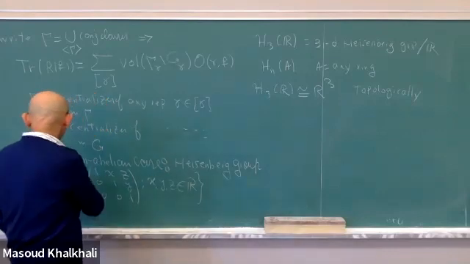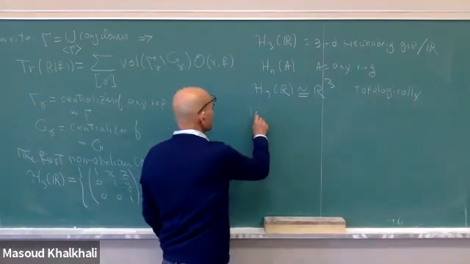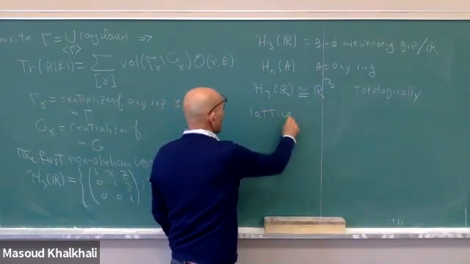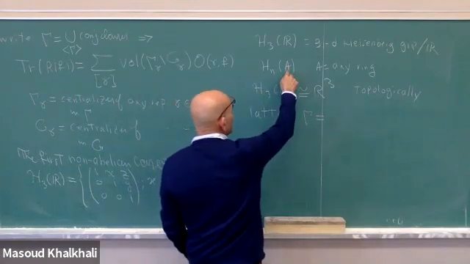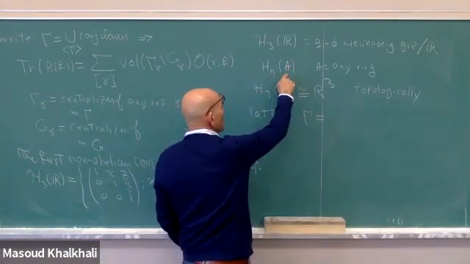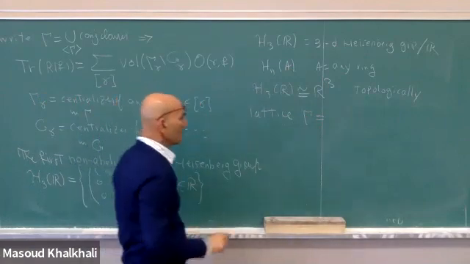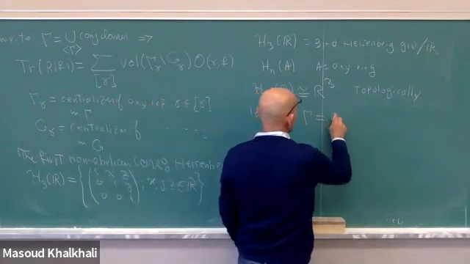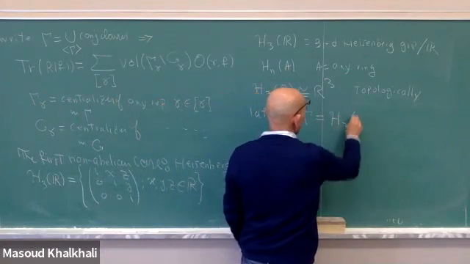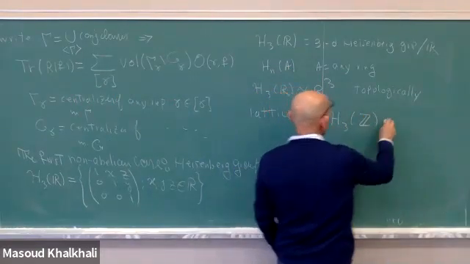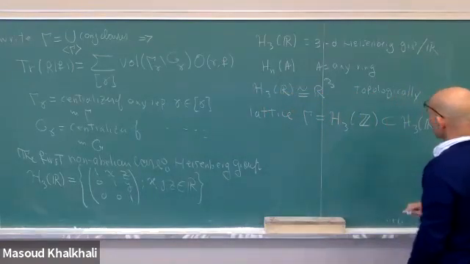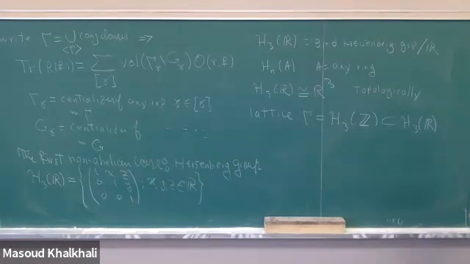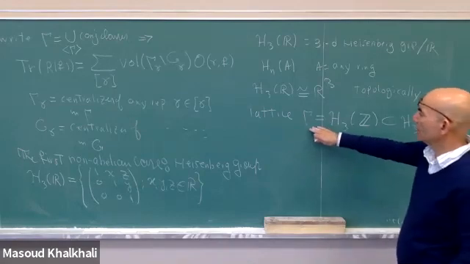So what else? There is a lattice here, you can guess. The lattice is exactly the case where you take the ring to be the integers Z, so H3 of Z, inside H3 of R. Of course, this is a discrete lattice.